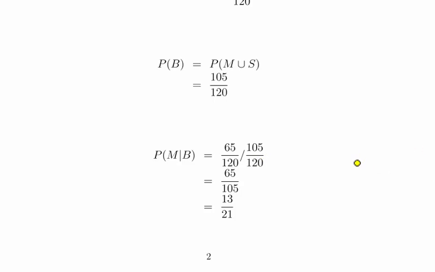Well, correctly it's 65 divided by 120 over 105 divided by 120. So it's 65 over 105, which is 13 over 21. You can probably decimalize that, or express that as 0.6 or whatever it is. I don't know off the top of my head, but that's the answer we're looking for there. Okay, we'll leave that there.